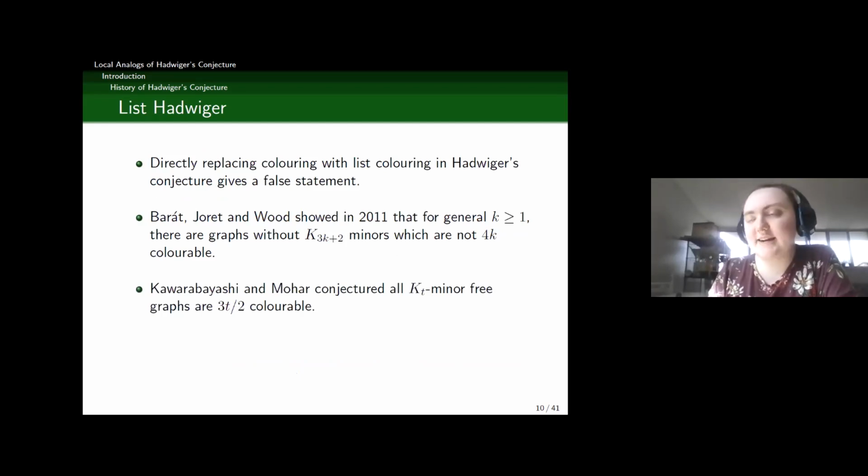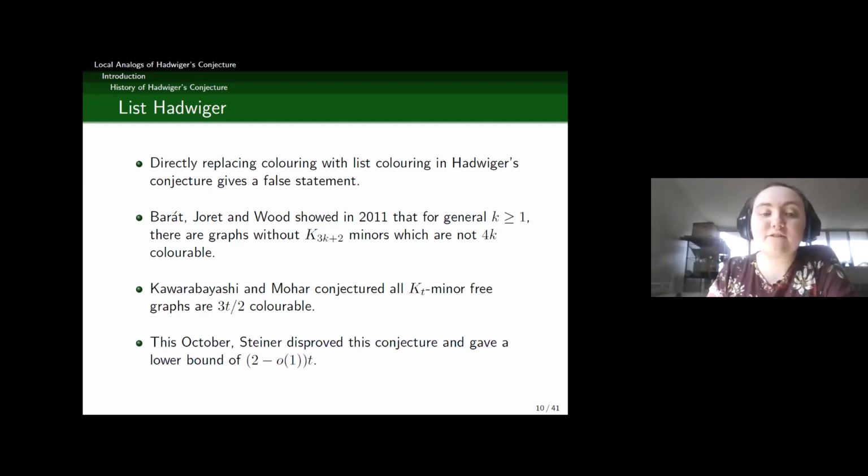Kawarabayashi and Mohar, in response to that, conjectured that all K_t minor free graphs are 3t/2 colorable. But that's also false because in October of 2021, Steiner showed that the constant has to be at least 2 minus little o of 1. So anyway, list Hadwiger is still open, but the constant is at least 2 if there is such a thing.